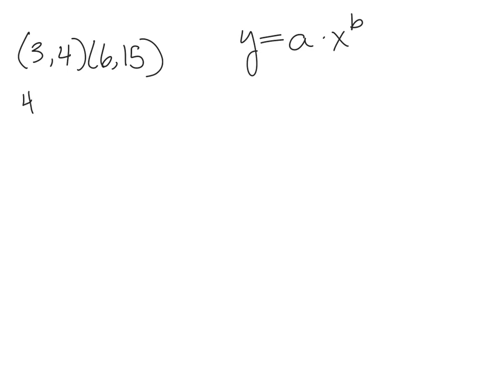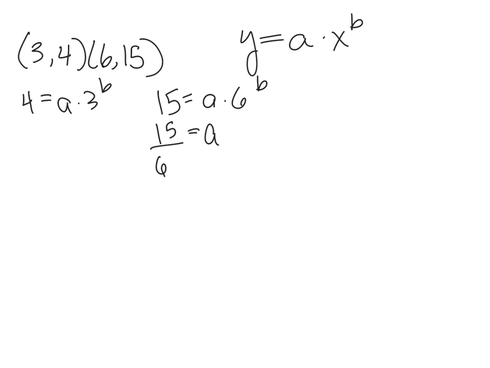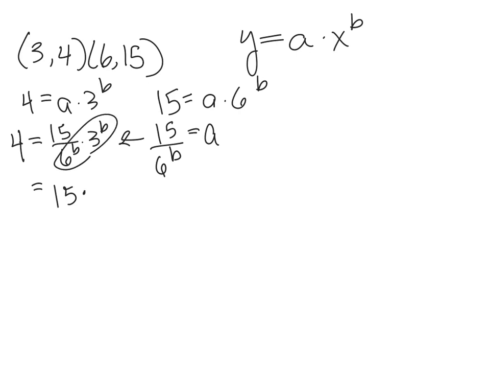Substitute. 4 equals a times 3 to the b, and 15 equals a times 6 to the b. a equals 15 over 6 to the b. 4 equals 15 over 6 to the b times 3 to the b. 15 times this together, 1/2 to the b. Okay, divide both sides by, nope, 15.